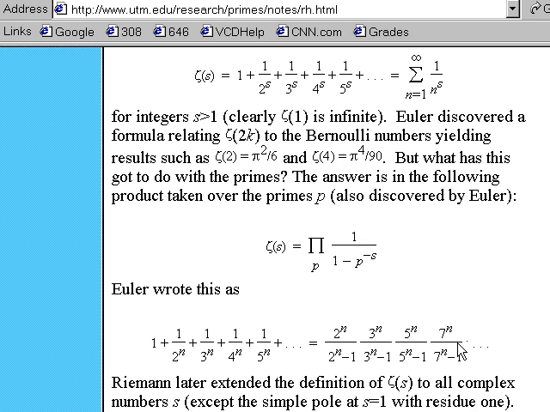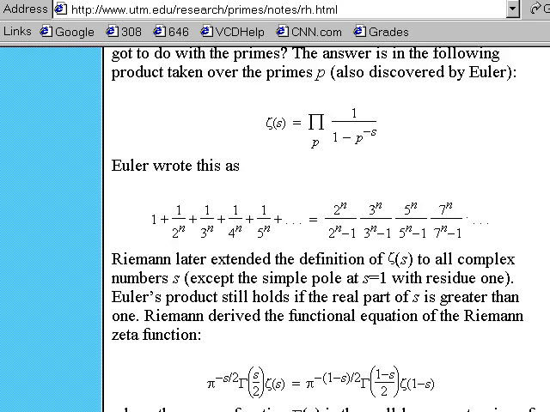So the prime numbers appear as roots on the right, and this becomes the zeta function as a sum. You have the infinite sum of all the integers to reciprocal powers, and an infinite product that runs over the primes.